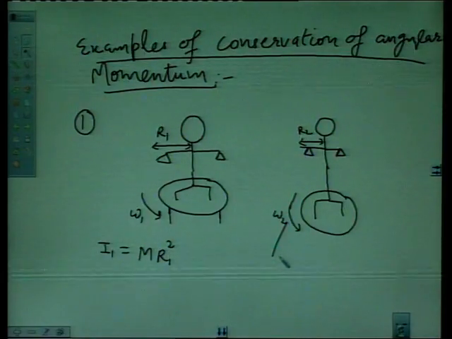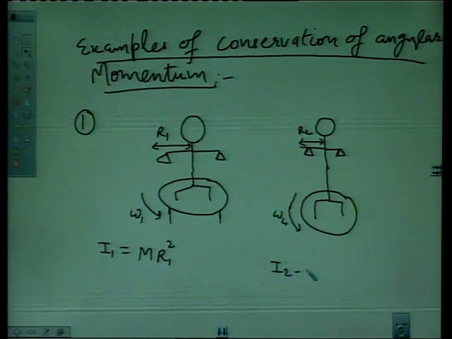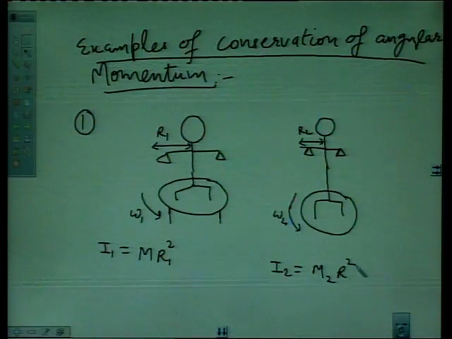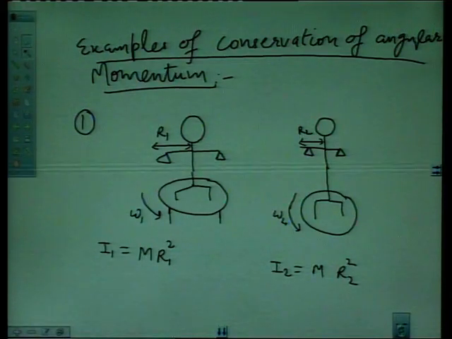Now, we can say I2 is equal to m into r2 square. M is constant, m is the mass of the person who is standing on the turntable.